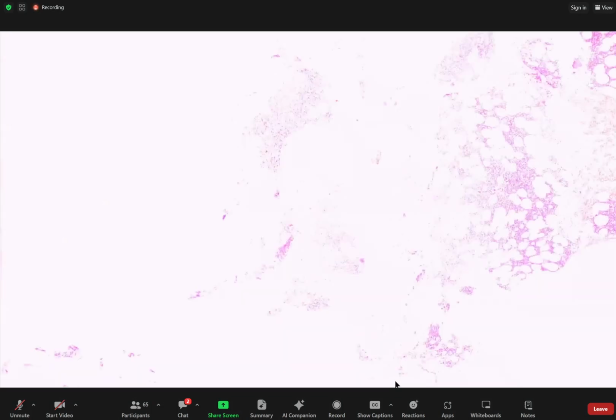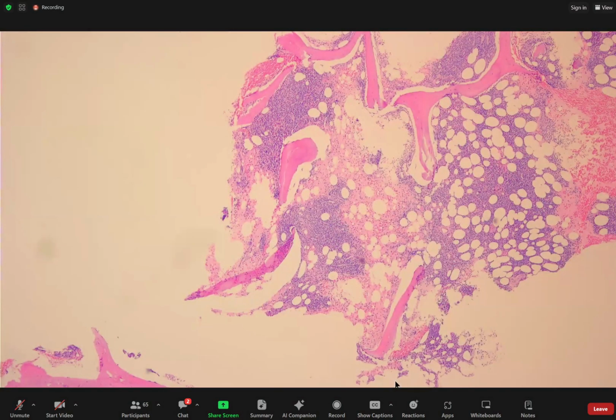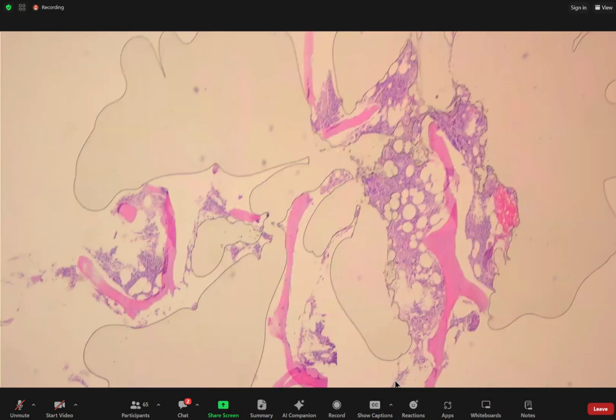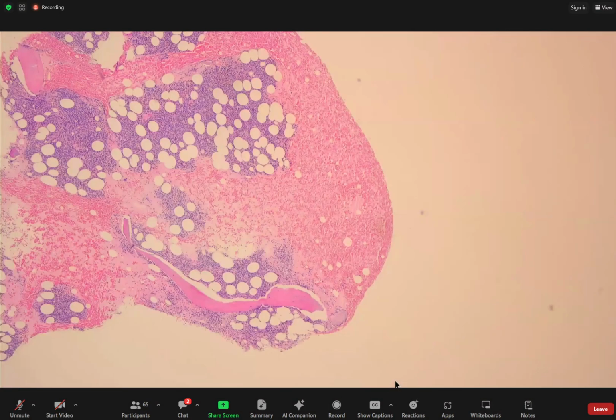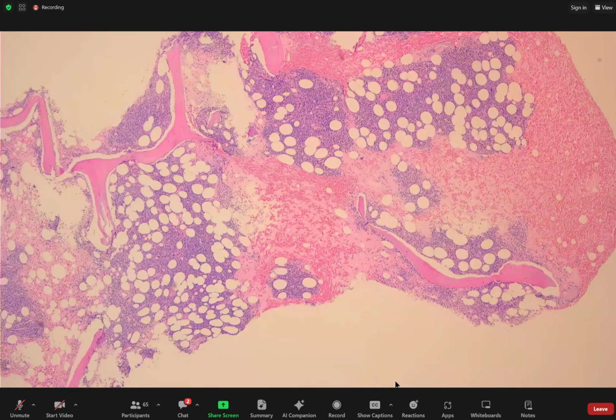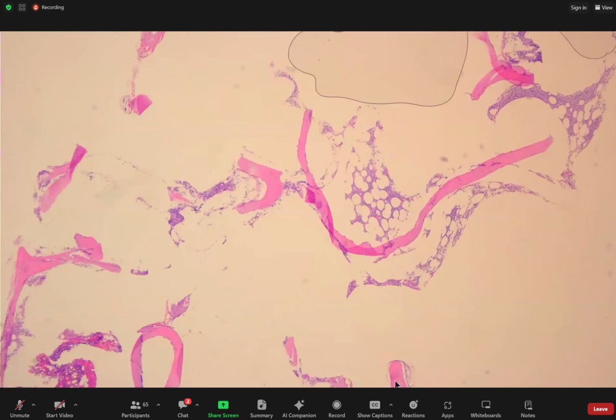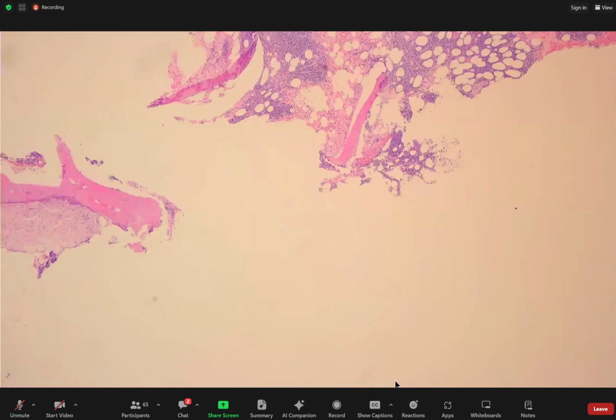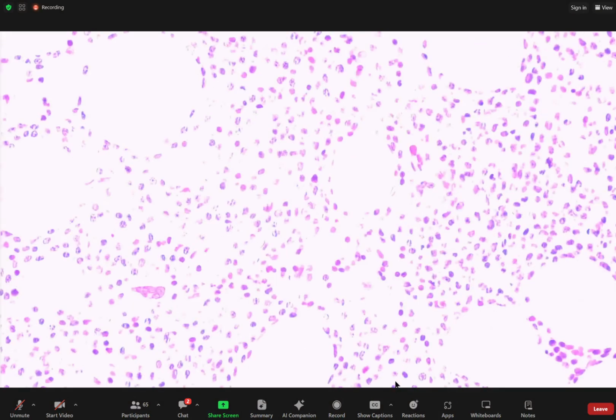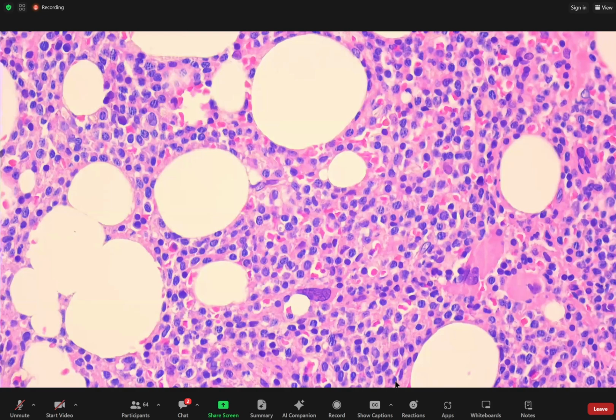So let's look at the trephine biopsy. There are adequate marrow spaces, which are hypercellular. And if you notice, the whole marrow spaces are infiltrated by these abnormal cells.